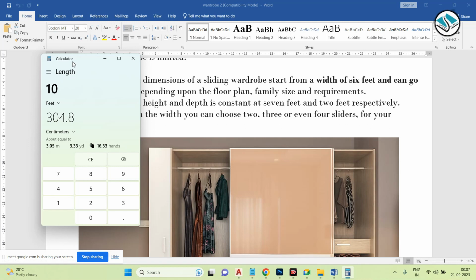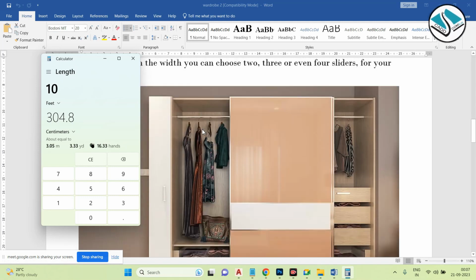You want to say that in Saudi Arabia, they use the total size is 304. No, I don't mean that, but suppose for example this wardrobe has 3 sliding doors, so in the middle of the sliding door there is one section.